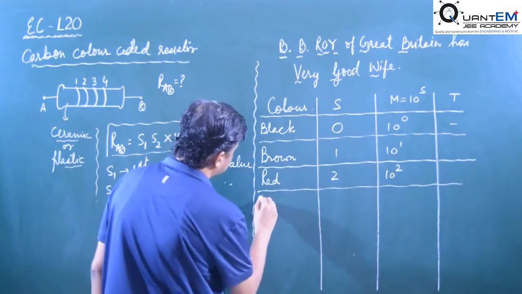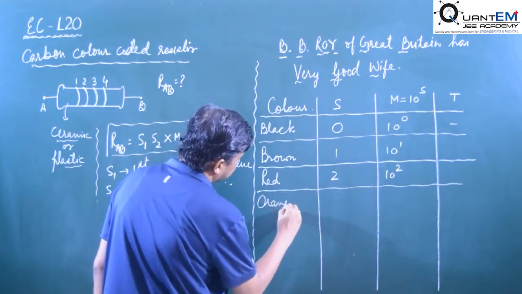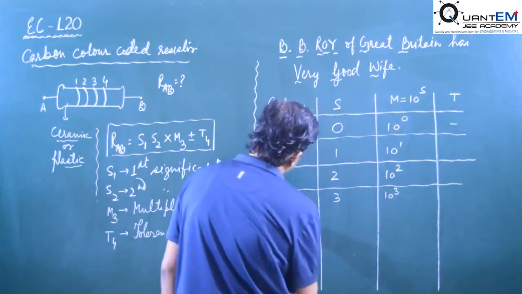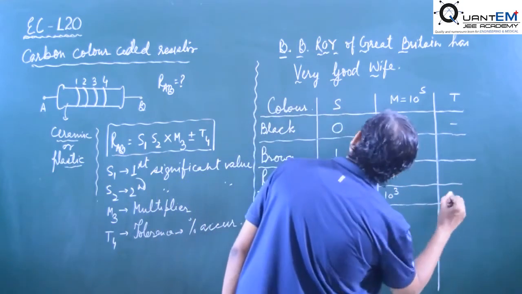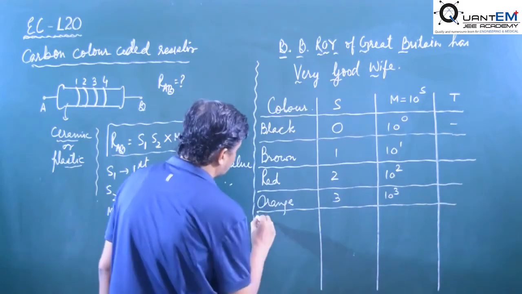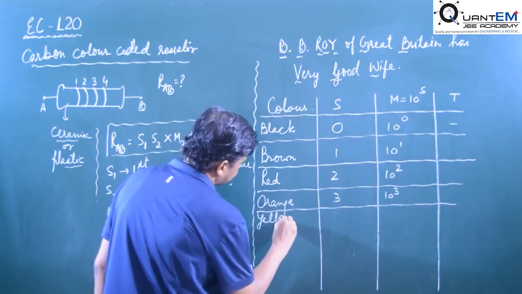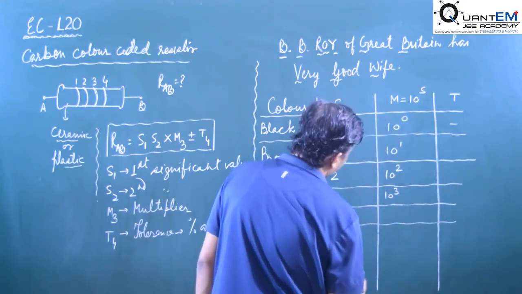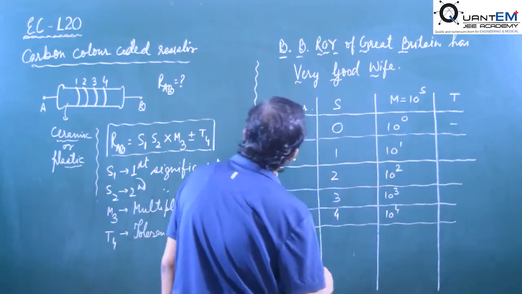Then O. O for orange, 3. Y. Y for yellow. It is 4, 10 to the power 4.